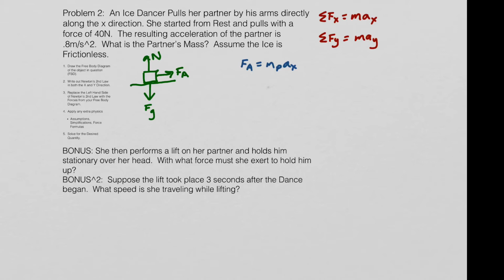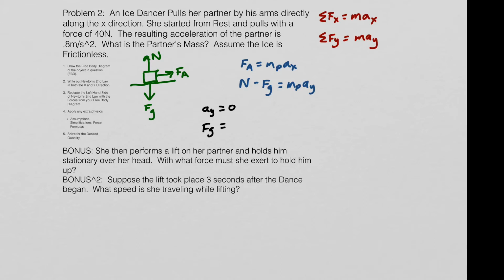And for the y direction, we get the normal force minus the weight of the partner is equal to the mass of the partner times the acceleration in the y. Now we go to step 4, and we can apply the physics that we know. This partner is not flying off the ice, nor are they tunneling through it, so the acceleration in the y is 0.